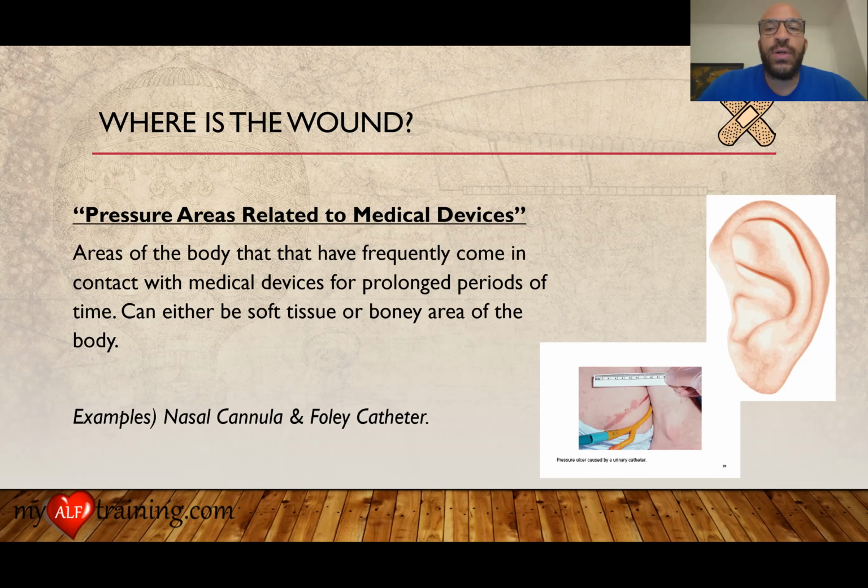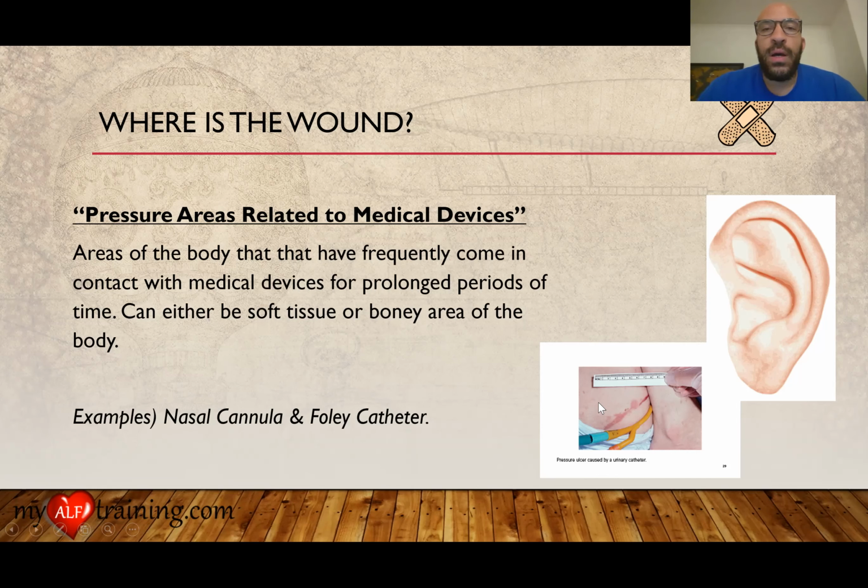Because we want to make sure that we're offloading the pressure, we're reducing the friction caused by these medical devices with some type of cotton swab or a gauze or some other soft cloth fabric to keep that medical device off the soft tissue and causing these pressure sores that we see here.